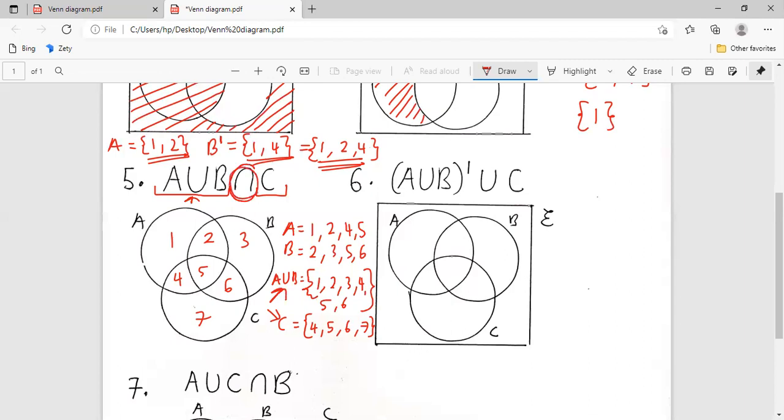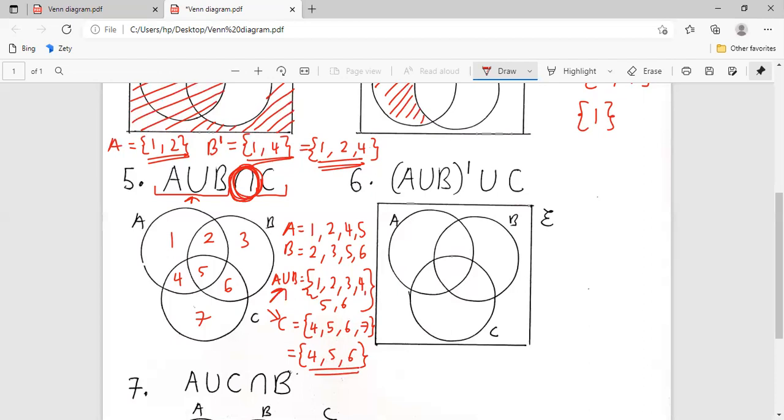If the middle is the intersection, we need to look at the answer of A union B, and the answer of C, and we take the part which is appearing on both sets. So the intersecting part will be 4, because 4 is on both parts, 5, and 6. These are the only parts which are intersecting from the answer of here and the answer of there.